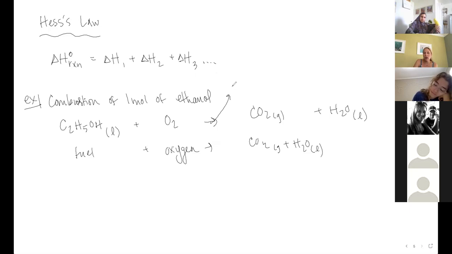So in here, we also have heat and energy. Even heat is energy. So I guess heat / energy. That's always combustion forever. So we have combustion of 1 mole of ethanol given by this equation.